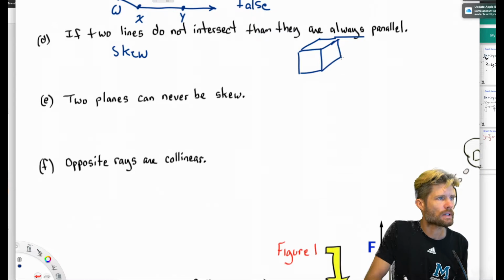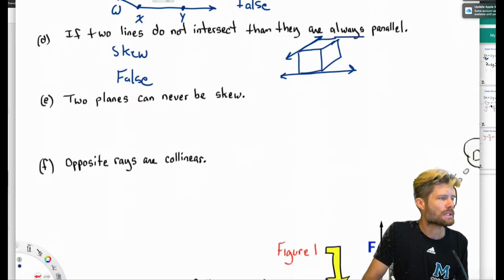So if I draw a cube like this, I can say, okay, I've got this line here and this line here. They are not parallel because they're on different planes and they do not intersect. So that's skew. So that's false because they could be skew.